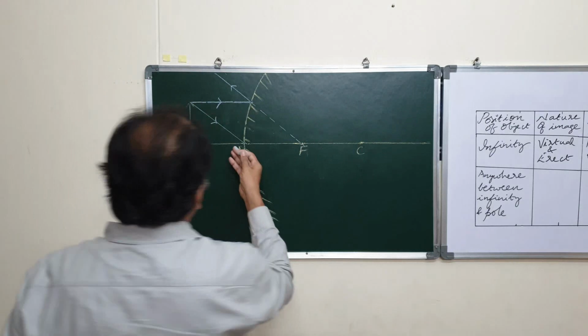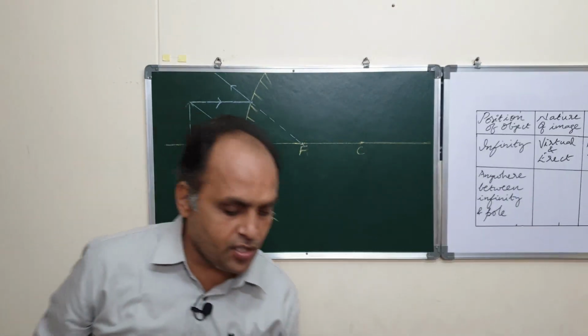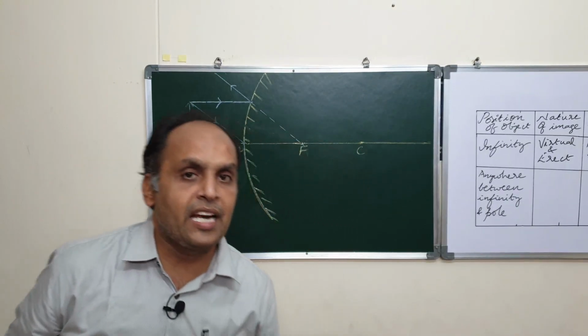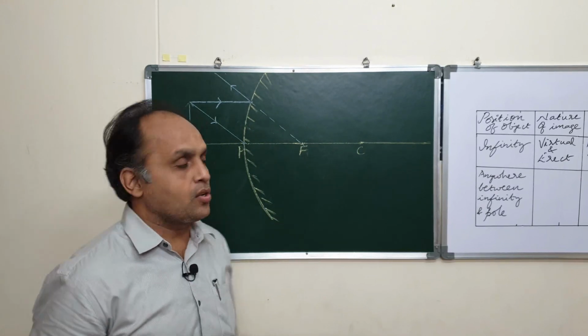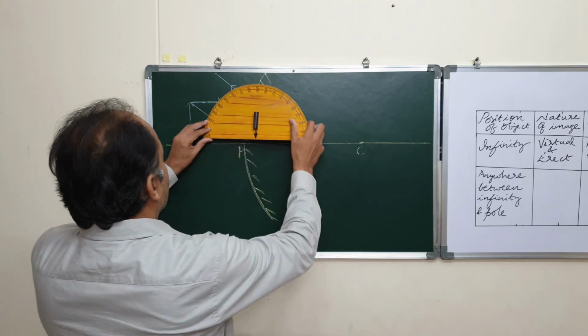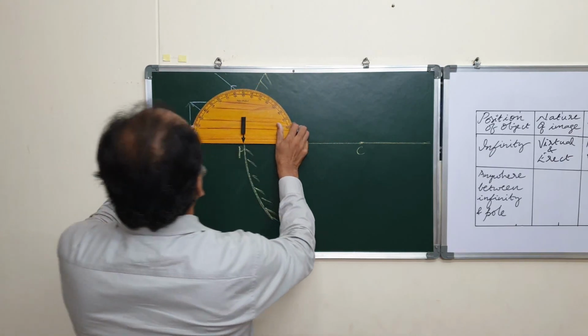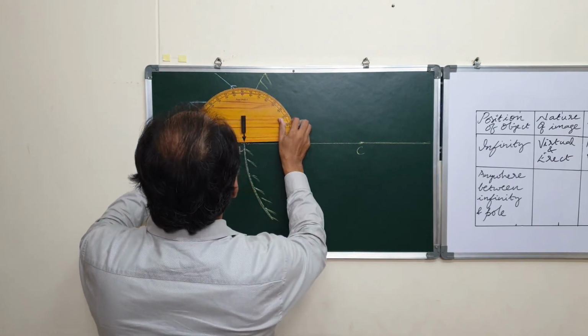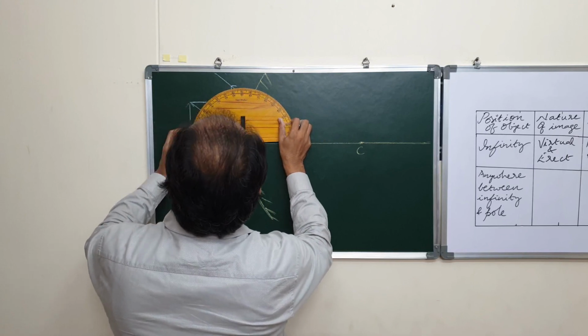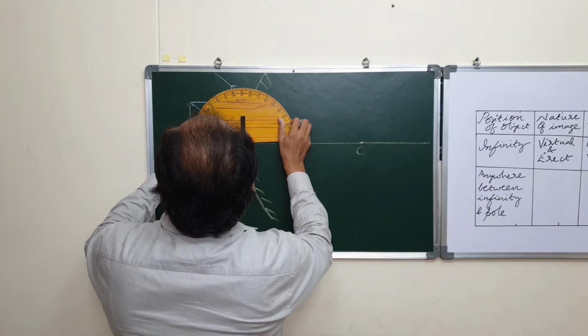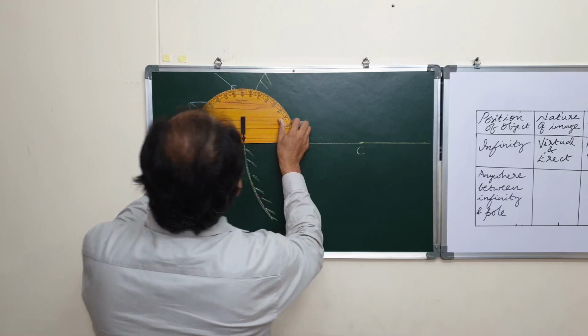Now, what about the second ray? Any ray of light which strikes the pole will get reflected at the same angle because the principal axis acts as a normal. Now, let us first measure this angle. How much is this? We will see this angle is 38 degrees.